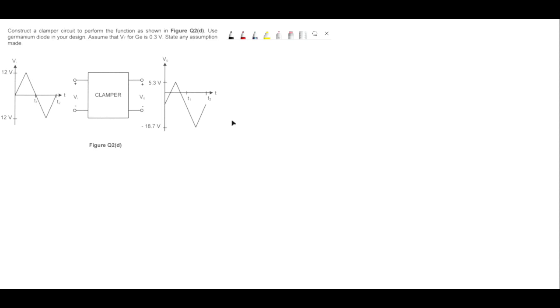Kalau tengok kat situ, your clamper, the output waveform is slightly move to downward. Alright, so yang ni you kena gunakan negative clamper circuit. Right, so you should use negative clamper circuit.